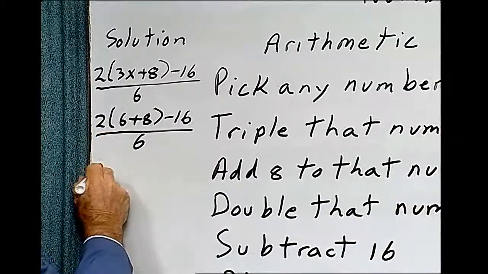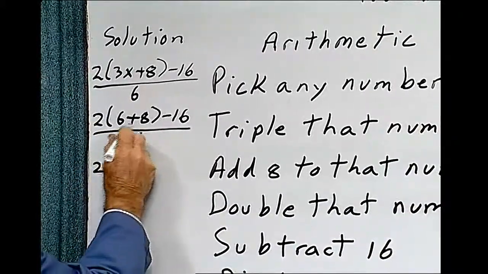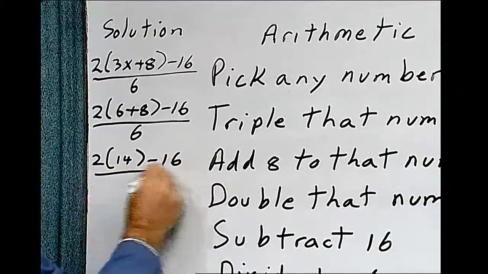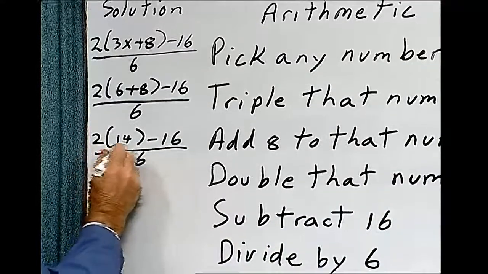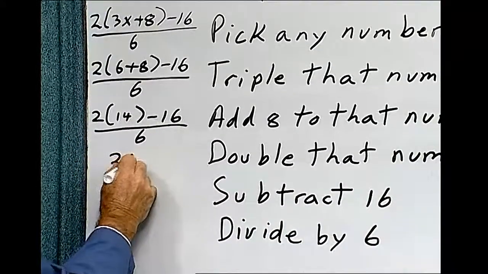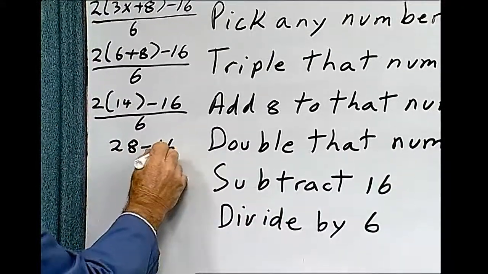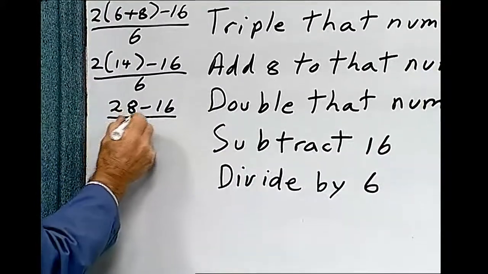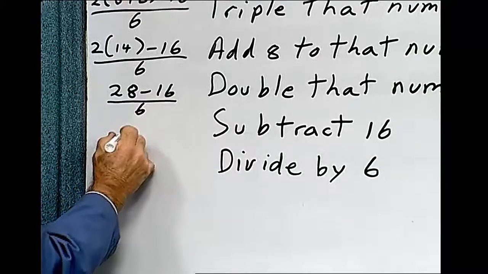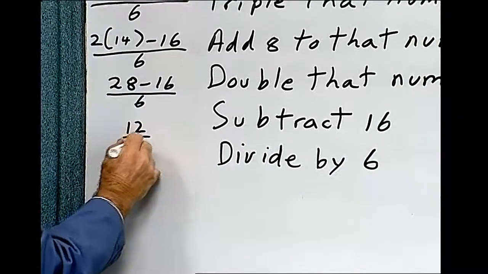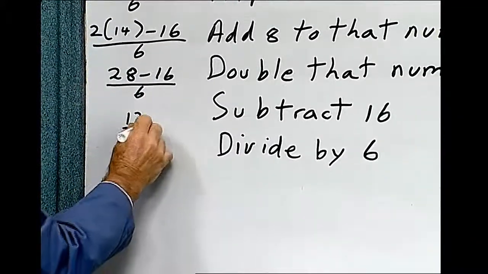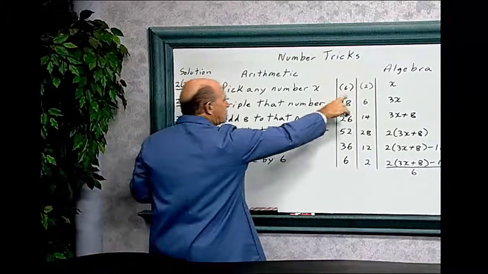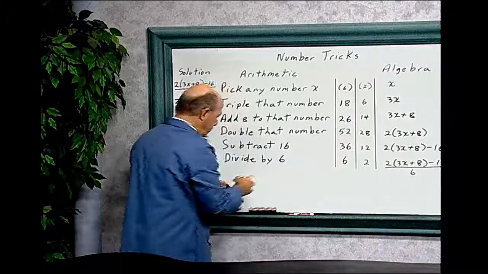So it'll be 2 times 6 plus 8 is 14 minus 16 divided by 6. That would be 28 minus 16 divided by 6. 28 minus 16 is 12. So it's 12 divided by 6, and that will equal 2, the same number that we started with. So we have that vertically over here.